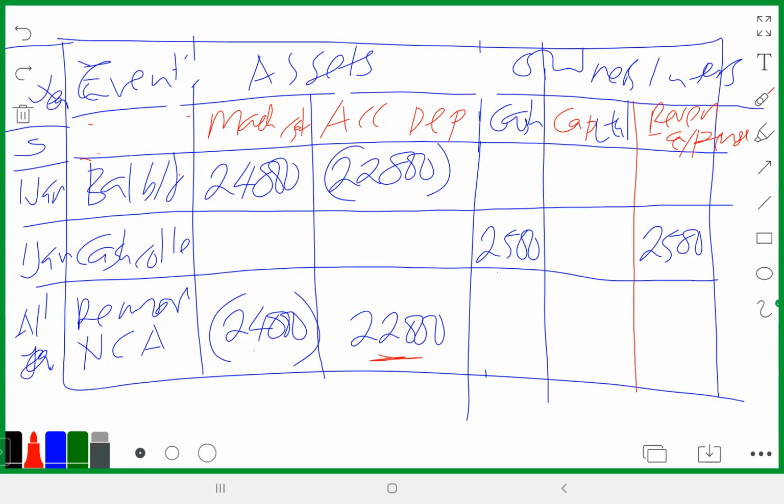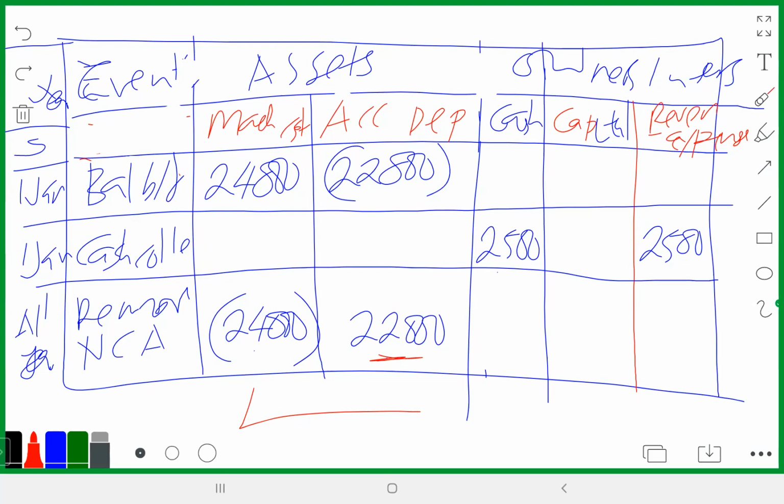Wait, you're first going to add these, the assets basically. If we add the first column of machinery, it gives 0. You're not really adding the column in this; you are adding the rows.